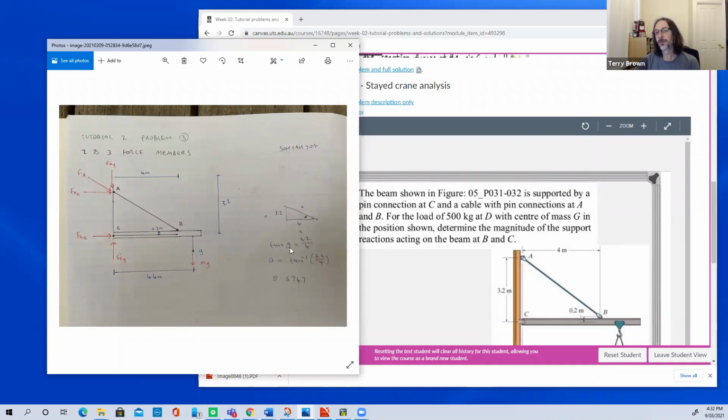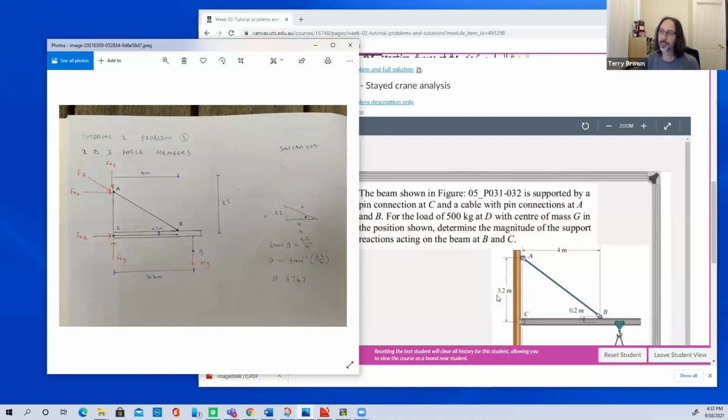Be careful of this angle here. We had this small error in one of the tutorials as well. The angle that you've actually calculated here is the angle from A down to this point here. I'm not sure if you can see where I'm pointing. So your angle is not quite correct. The angle between AB and the top of the beam, or the center line of the beam, will actually be here.